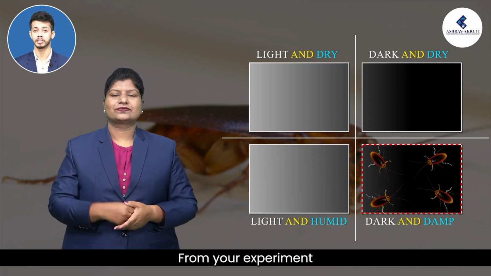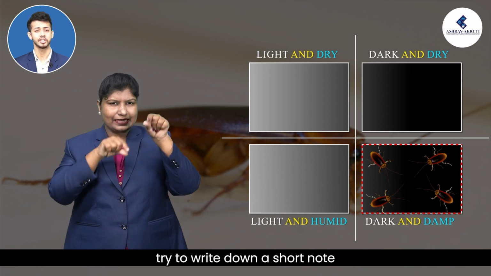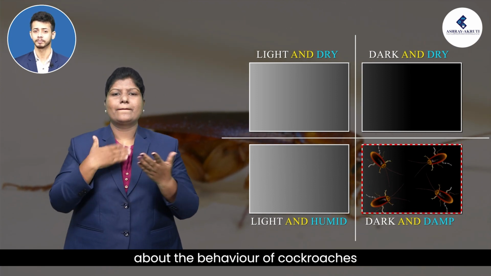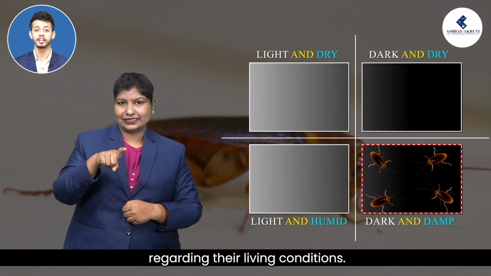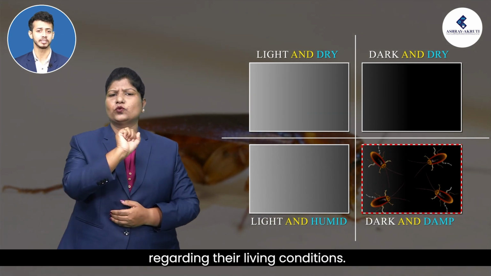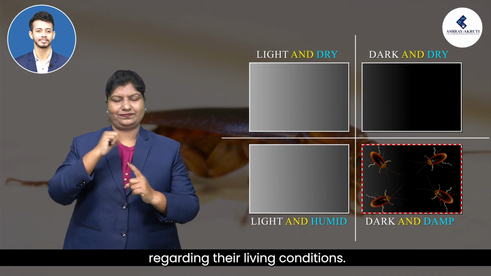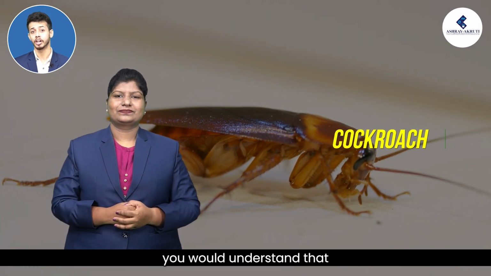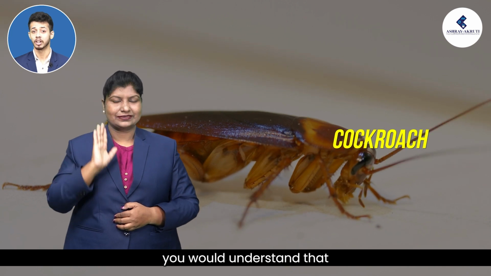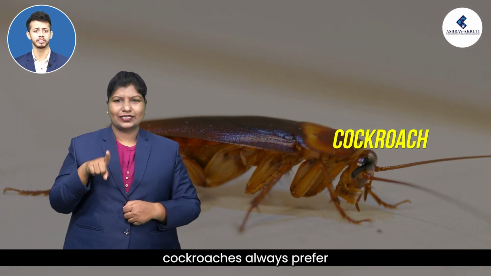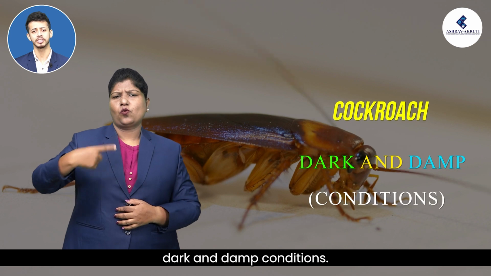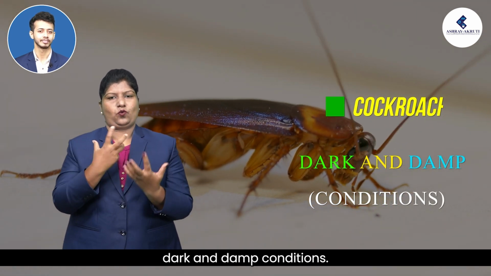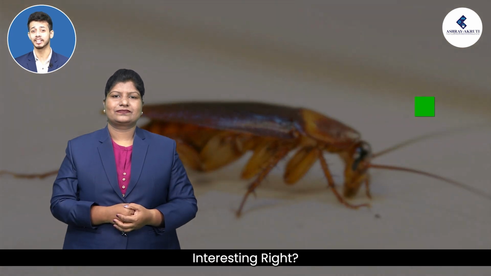From your experiment, try to write down a short note about the behavior of cockroaches regarding their living conditions. So, finally, you would understand that cockroaches always prefer dark and damp conditions. Interesting, right?